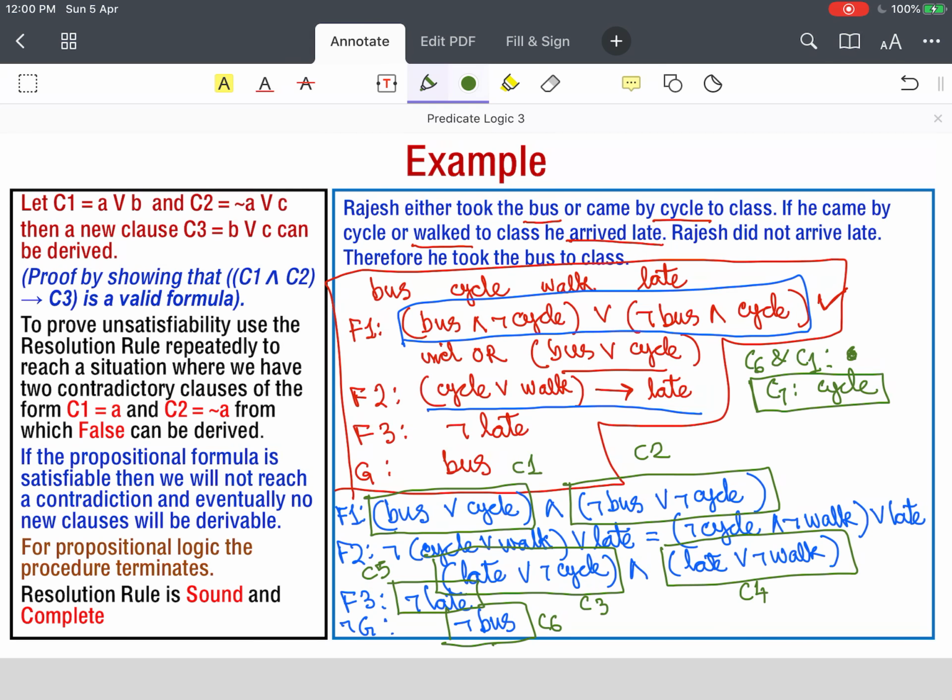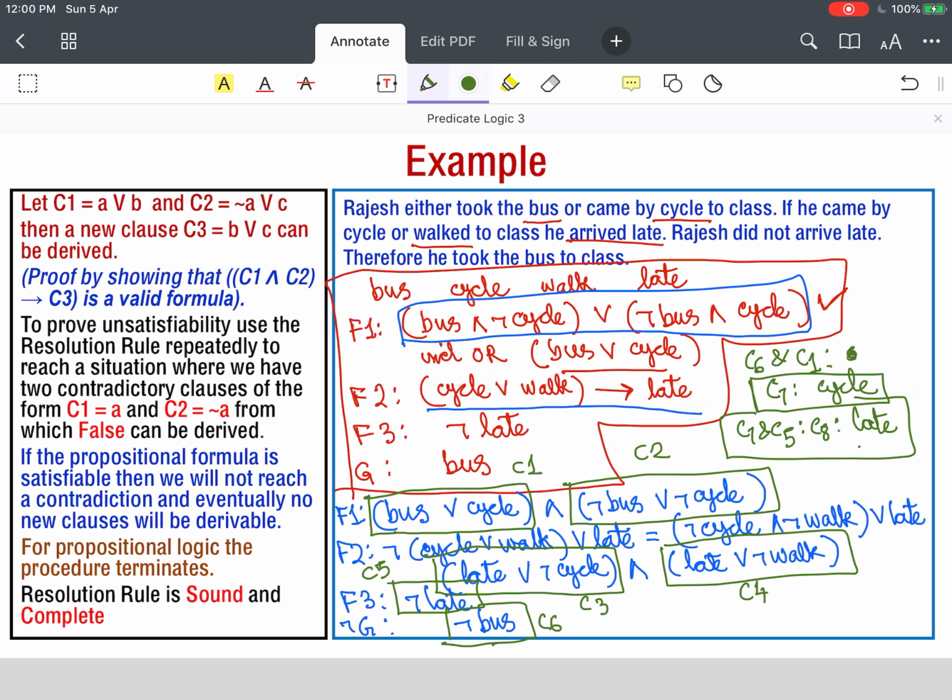Now we can use C7 with C5. C5 is late or not cycle, C7 is cycle, so C7 and C5 will give us a new clause, C8, which is late.